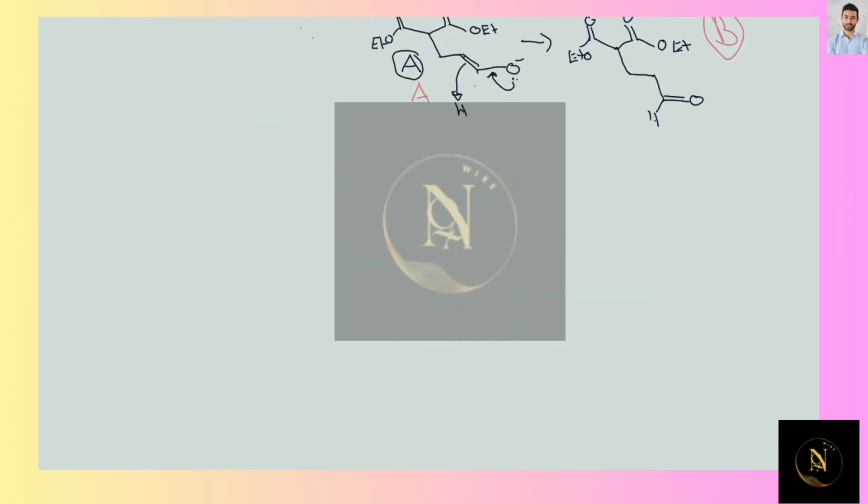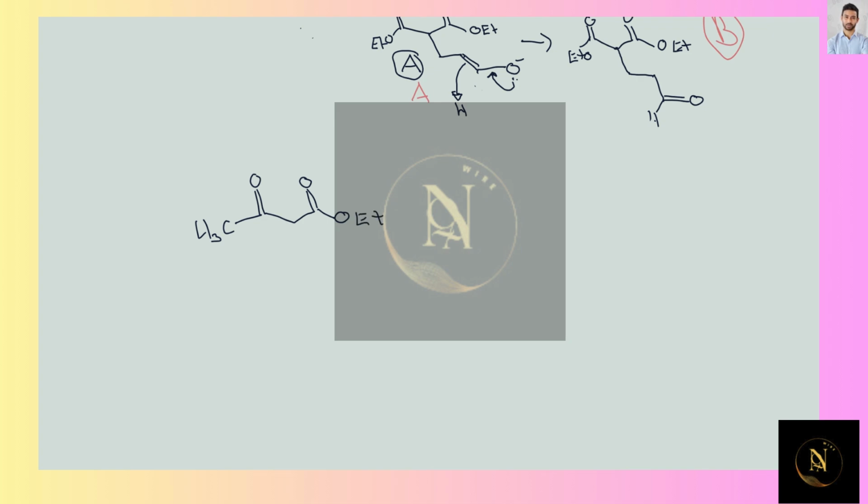For the next part, we have a different reaction, but the reaction mechanism is going to be exactly the same. The only thing that changes is that here I have CH3, oxygen, OEt.